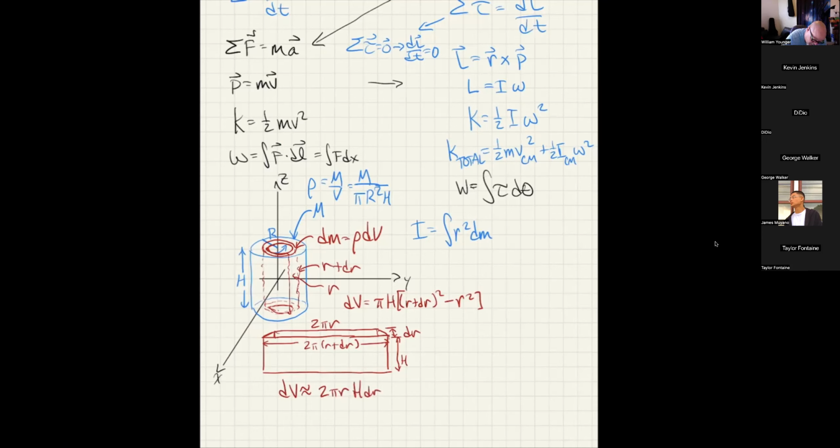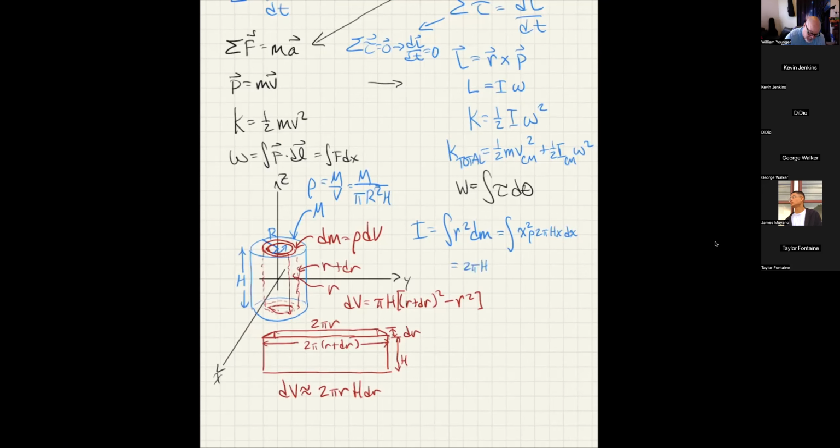So now, looking at x as how far I am away from the z-axis, I can say this integral is equal to x squared times 2 pi h x dx times rho, because rho is the density. The 2 pi is a constant, so that can come out in front.